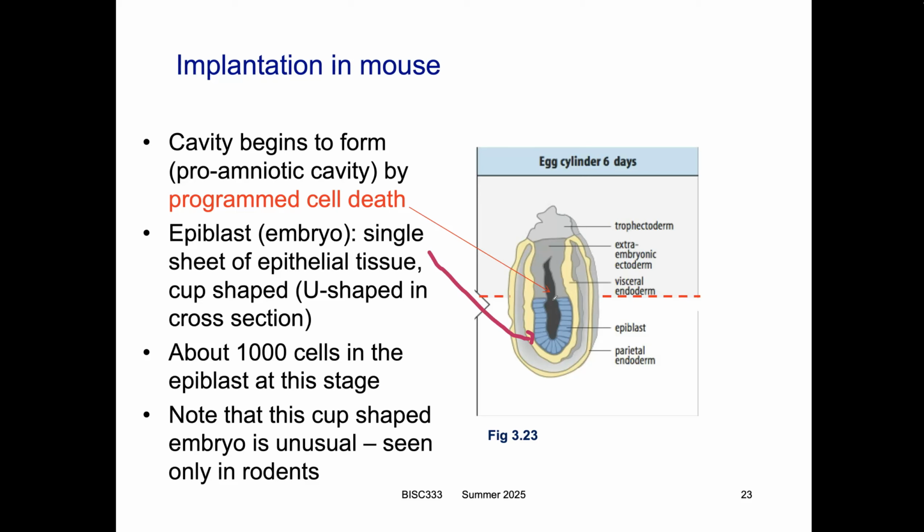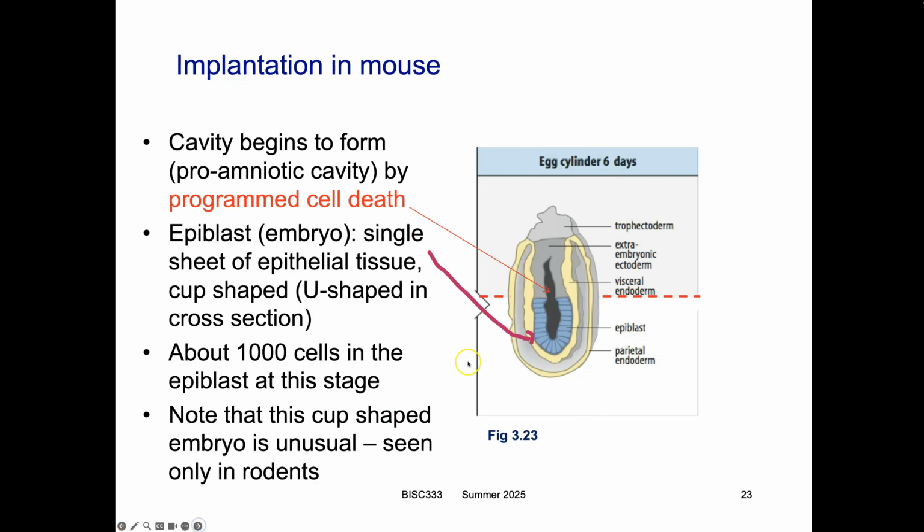So we just talked about forming a cavity by sealing the embryo, sealing all the cells from the outside, and then pumping water in to form a cavity inside with fluid. In this case, it's programmed cell death. There's a bunch of cells here, and some of them are killed off to make room for the expansion of this cavity. This is the amniotic cavity.